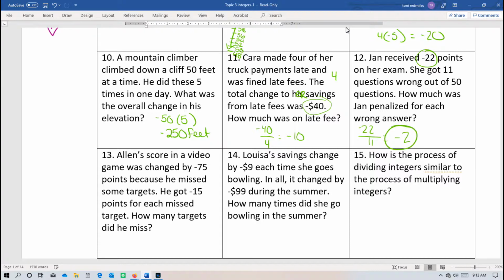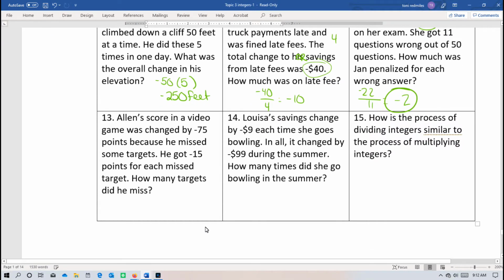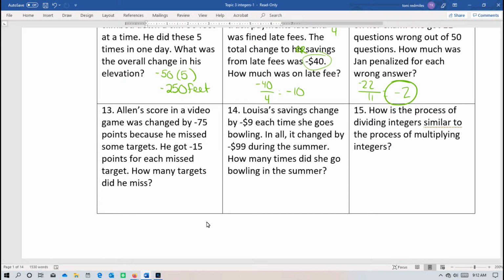Okay? All right, Alan's score in a video game was changed by negative 75 points because he missed some targets. He got negative 15 points for every missed target. How many targets did he miss? Okay, so he got negative 75, and he gets negative 15 for each target.